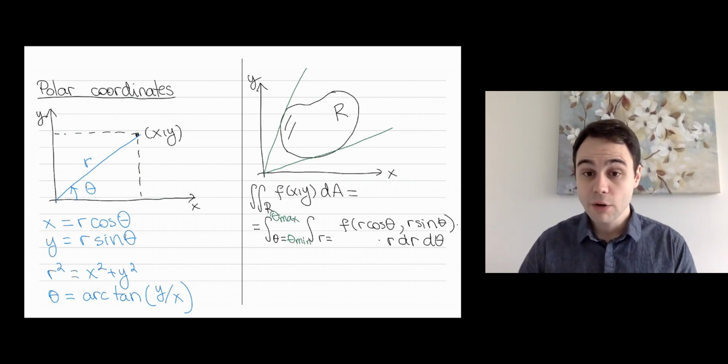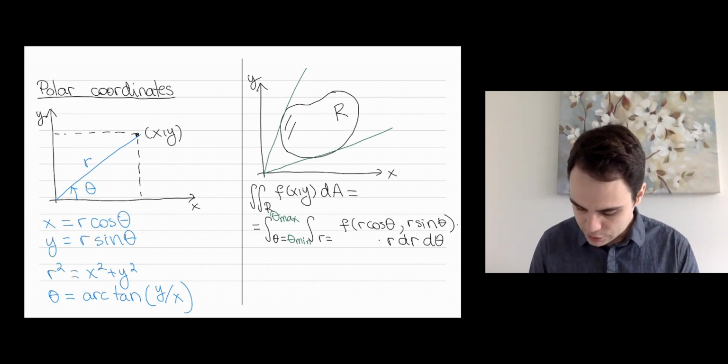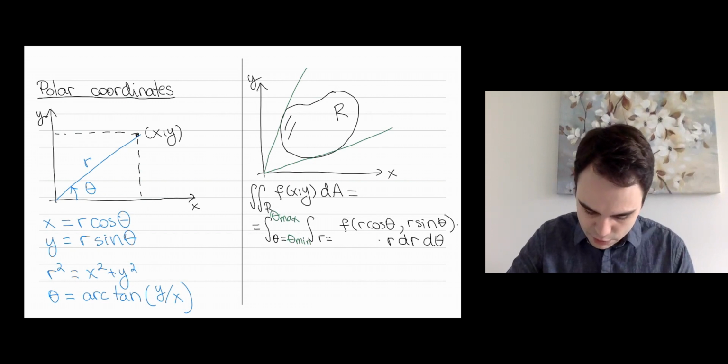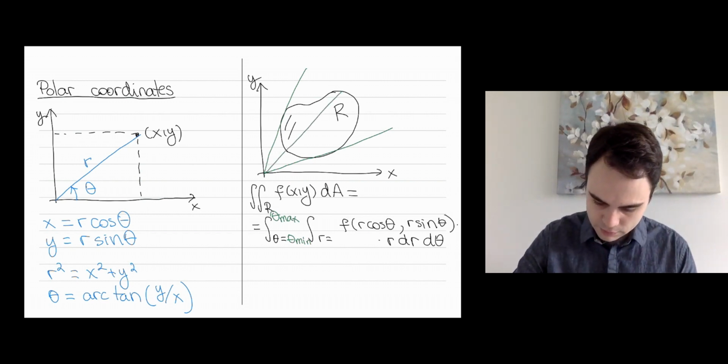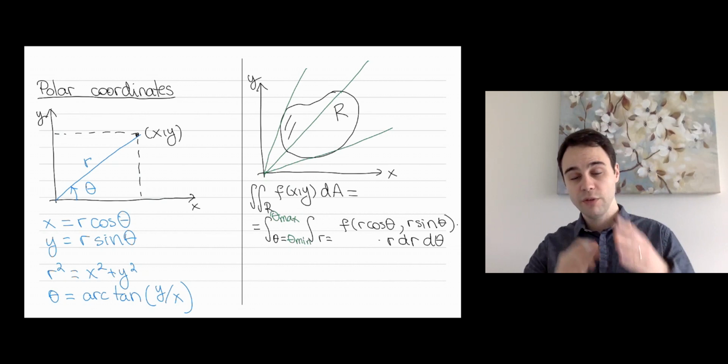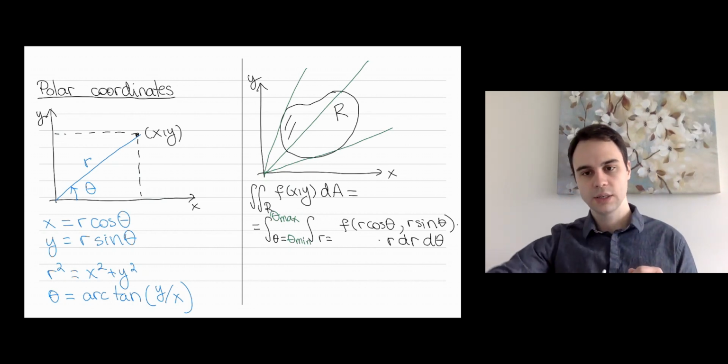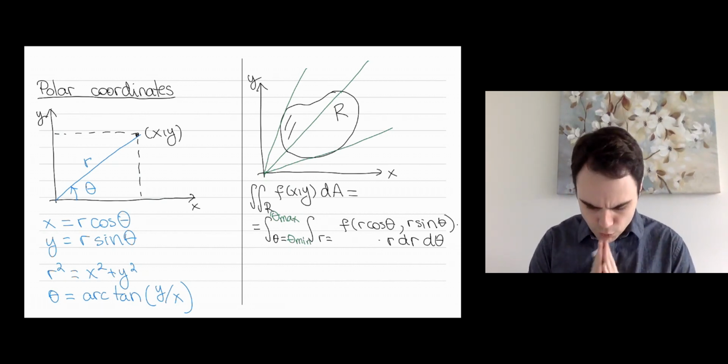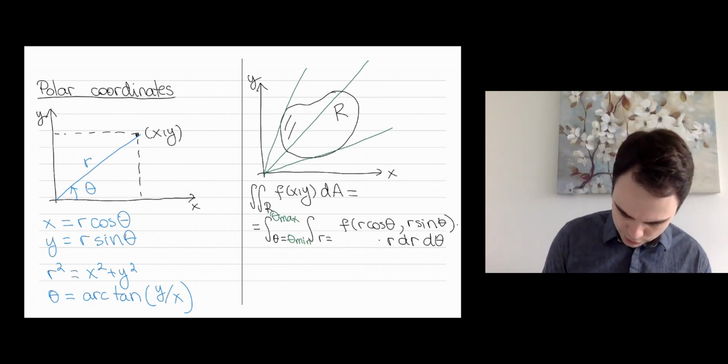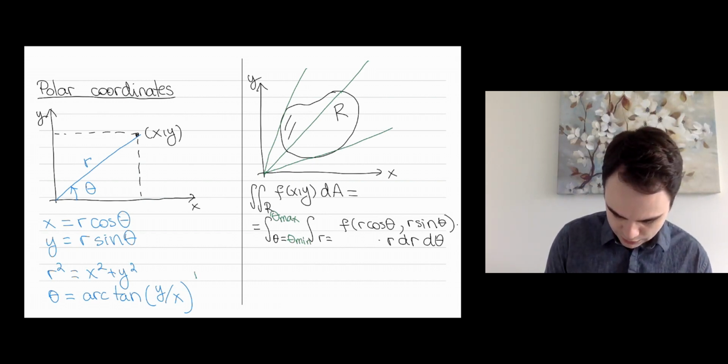Okay, and now when we do the inside integral with respect to r, we're fixing some intermediate value of theta, like this, and we're shooting out a ray. So we fix theta and let r increase. So r is always, oh, this is actually important. In polar coordinates, we use the convention that r is always non-negative.